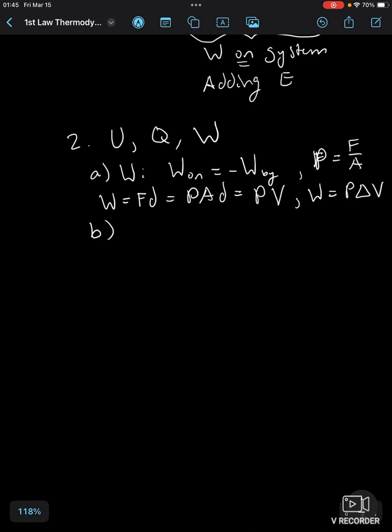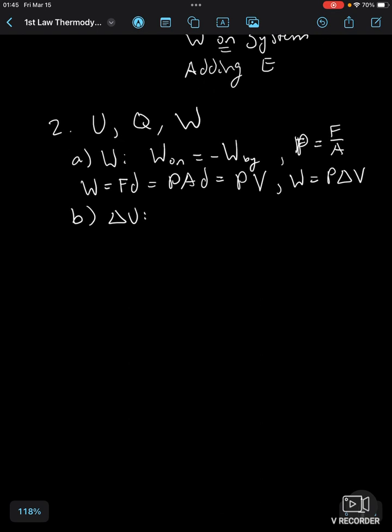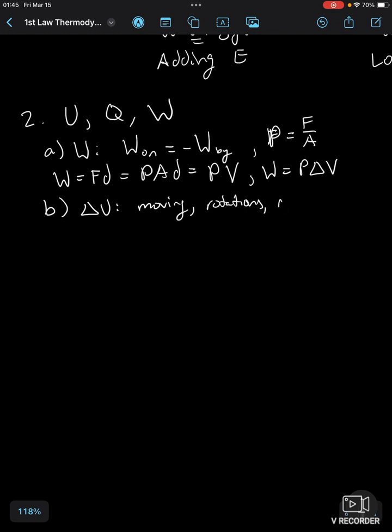For B, we're going to be looking at change of energy or internal energy. Now, this comes from moving, rotations, oscillations, and chemical bonds, and more. Essentially, all of this packed together is the internal energy. You could see this because of diatomic bonds rotating or moving around.